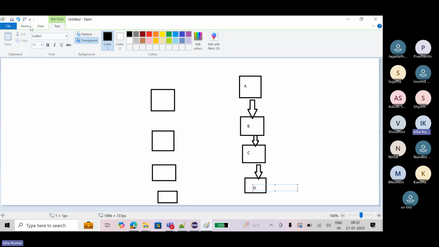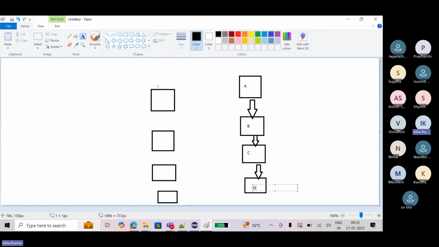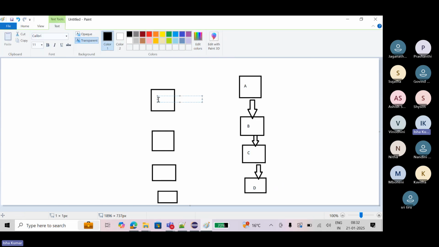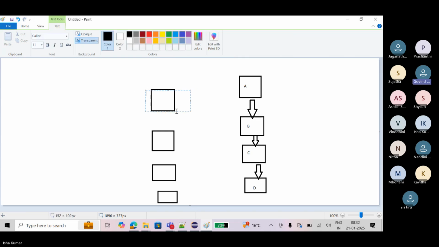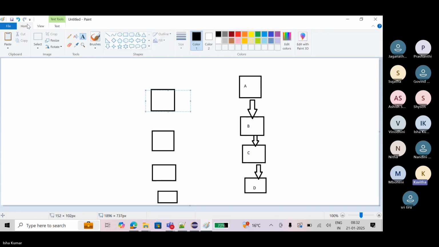Can we remove this diagram? Is there an option to cut? Yes, sir. You can select everything and then delete. Under Home, there is Select.